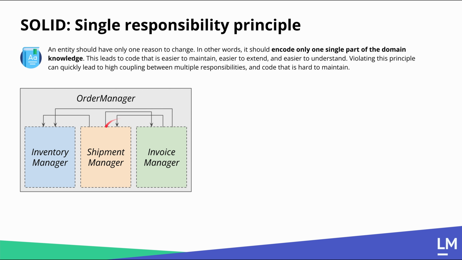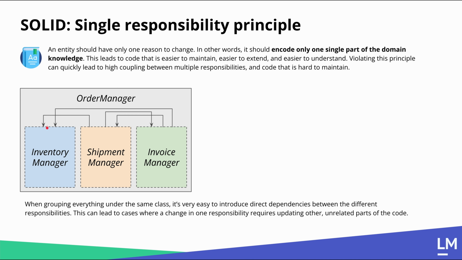However, because there is no abstraction between them, they are all within the same module, we start getting dependent on implementation details. So we are calling the direct methods of each of these different parts of our order manager. So when we are grouping everything under the same class, it's easy to introduce direct dependencies between the different responsibilities.